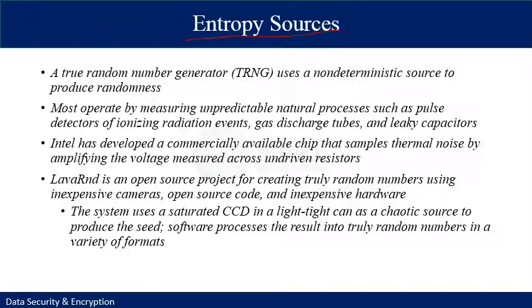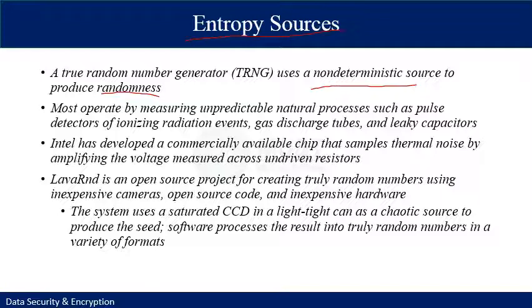A true random number generator uses a non-deterministic source to produce randomness. That means you use a source that is diverse in nature and cannot be predicted by an attacker. If it is non-deterministic in nature, there is less chance that it will be guessed, as it will have high randomness.